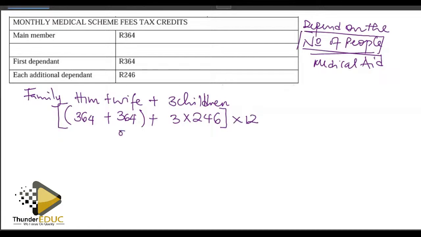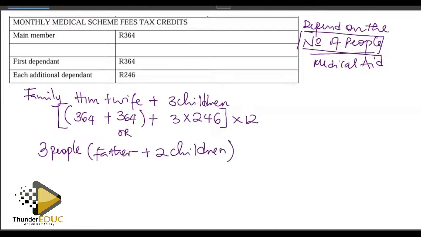Another scenario comes in. Let's say three people: the father and his 2 children. Now someone says, no, sir. The father, okay, this is the main guy. So he will take 3/6. Very good. Plus, one of these children becomes the first dependent.